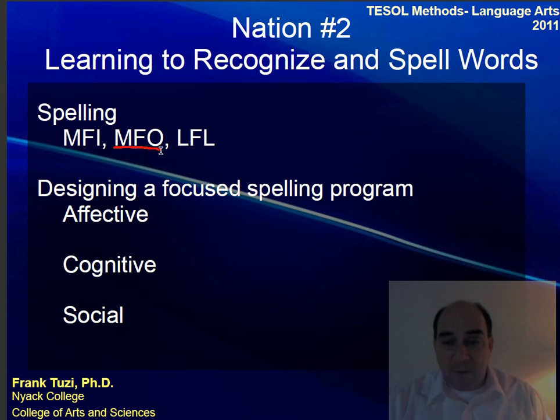The same thing when we want them to use it or spell it. That should have some type of meaning-focused output. And so in those two emphases, you're really not doing a lot of focus on the language per se, but you're introducing them to these words and trying to make them meaningful. In the last one, language-focused learning, that's where you're going to be focusing more on the language itself.